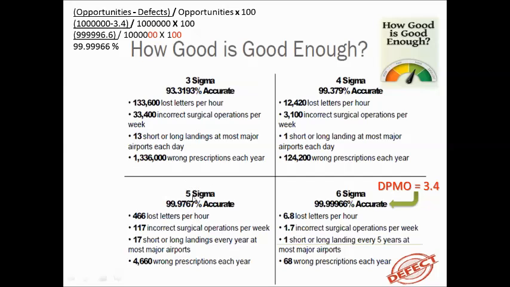If I am working at 5 sigma, 17 short or long landings every year, not one every 5 years, will happen at most major airports, which is not good for aeroplanes. Also, 4,600 wrong prescriptions each year will happen. It means that with the decrease in the sigma level, the defects increase and the accuracy decreases.